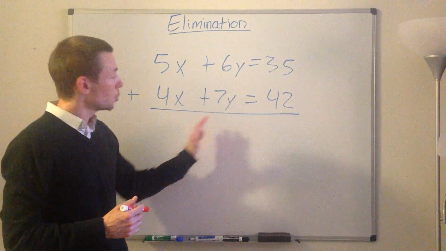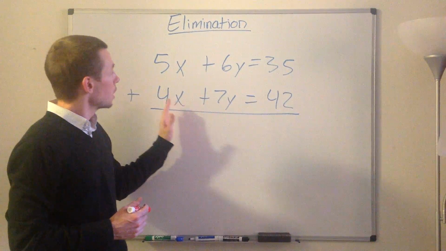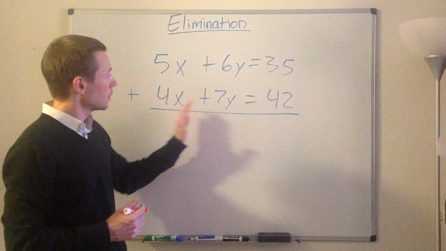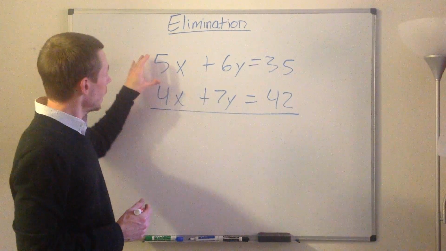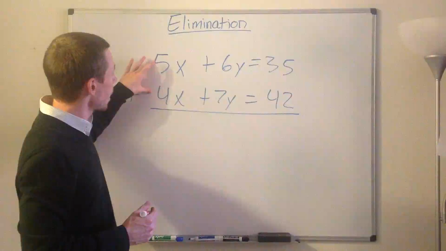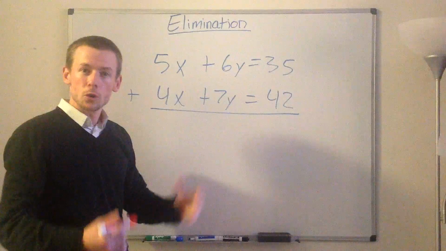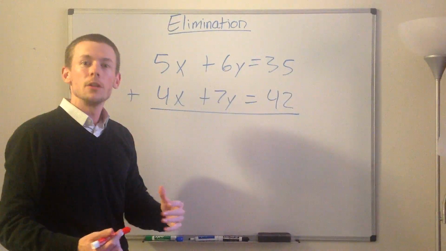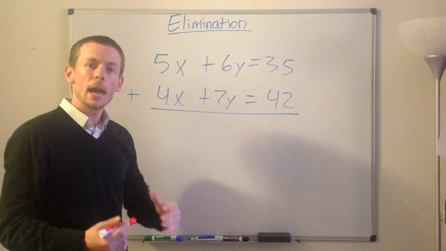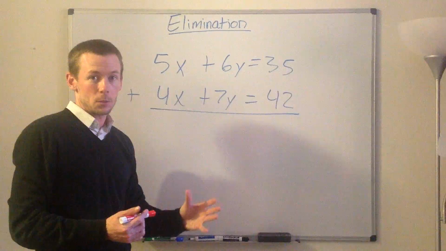So if you're in a situation like this, you can pick either x and y and multiply by the other coefficient, or in other words, the other number in front of the variable, and make sure one is positive and one is negative.